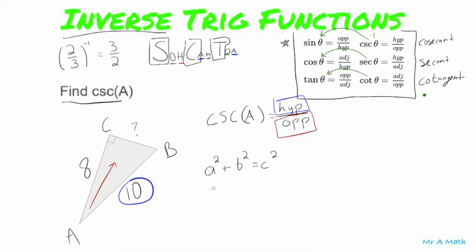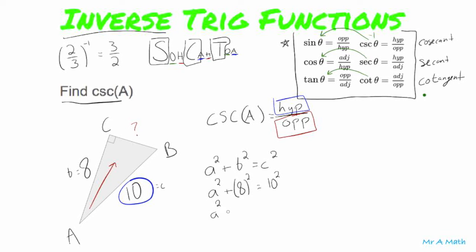So I can write this as A squared plus, and I'm going to say 8 is B. That's going to be one of the short legs. So 8 squared. And then 10 is going to be my C, which is going to be the hypotenuse. So C squared is going to be 10 squared. And now I can just do some algebra.